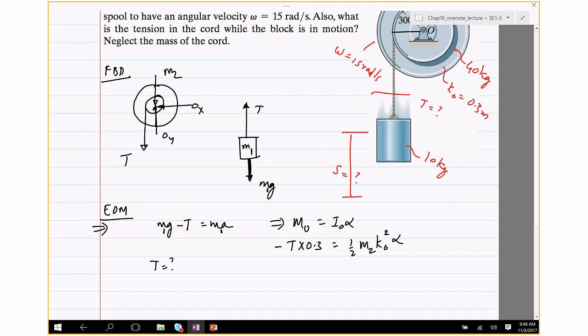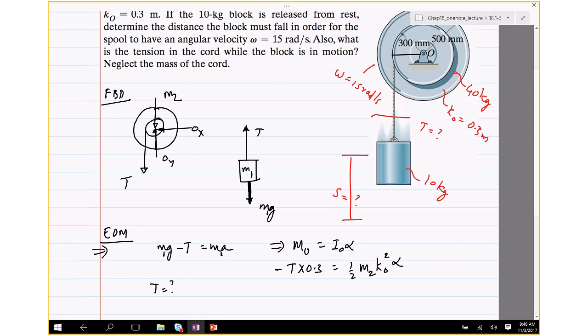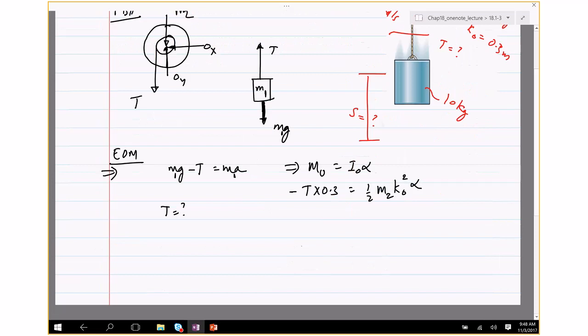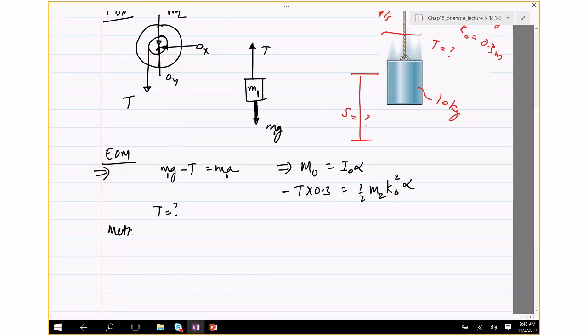So now I have two routes. One route is, I know something about the kinematics. I know the angular speed, and I need to find the distance, right? I could use the kinematics to solve for the acceleration, sub in that formula, and solve for the tension. Tension is not in the kinematics, but there's acceleration, right?